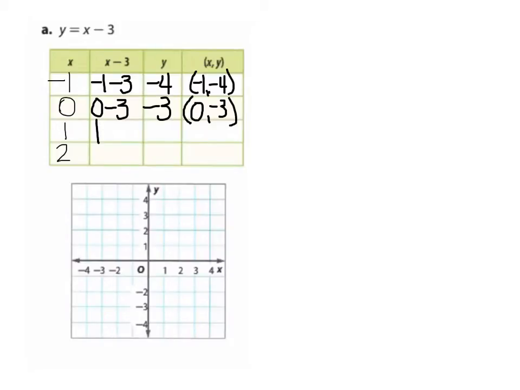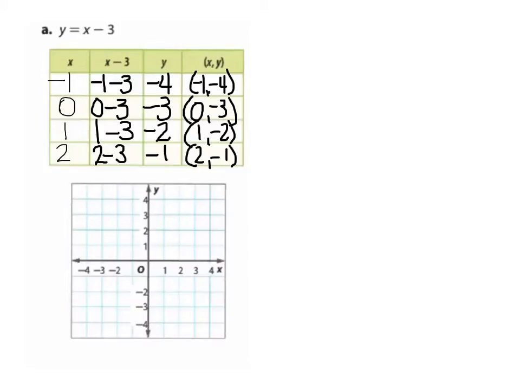So we have 1 minus 3. 1 minus 3 is -2. Our ordered pair is (1, -2). Input our 2. 2 minus 3 gives us -1. Ordered pair is going to be (2, -1). So from here, we can go ahead and plot our points.